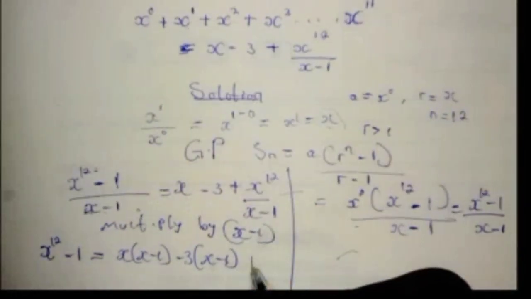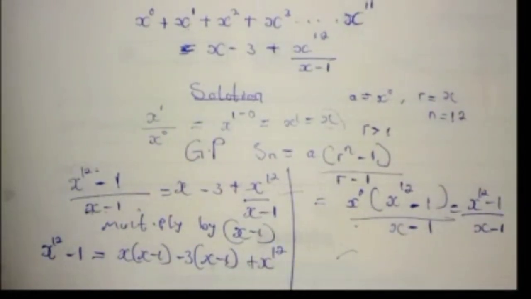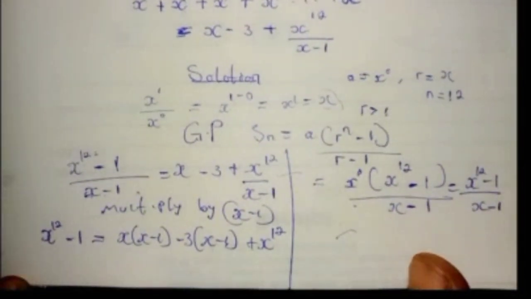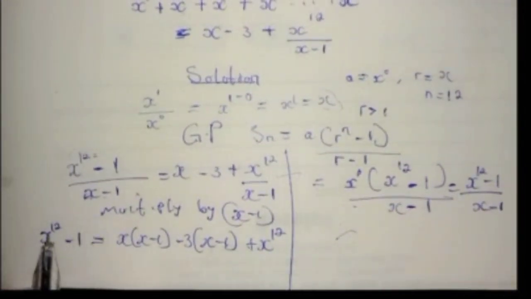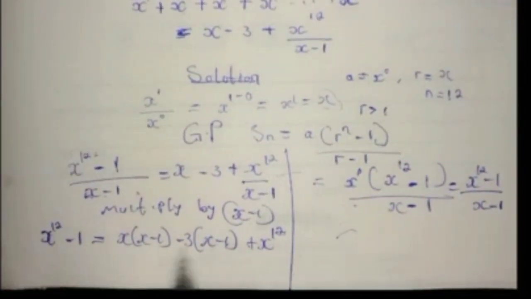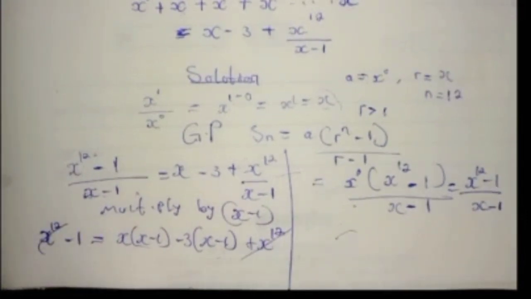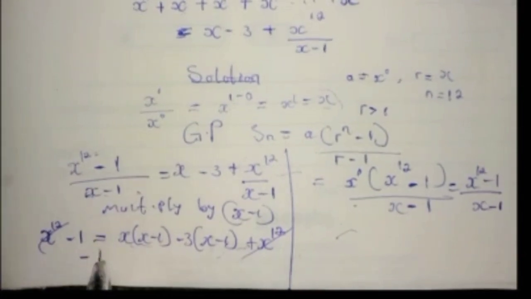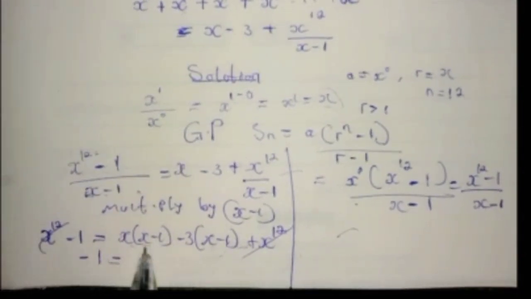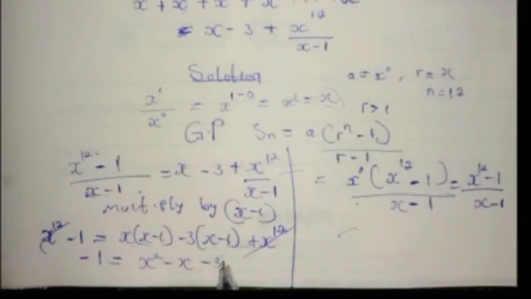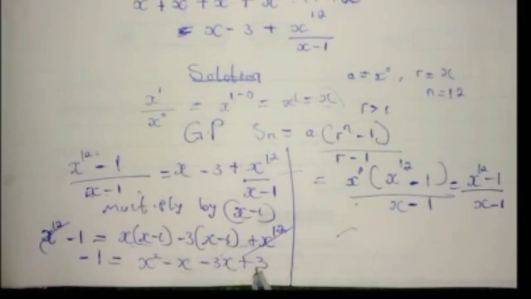And here we have plus x to the power of 12. So looking at this, these two cancel each other if you collect like terms. Therefore, just cancel this out. And what should you do here? Just open the bracket. We have minus 1 is equal to x squared minus x minus 3x plus 3.